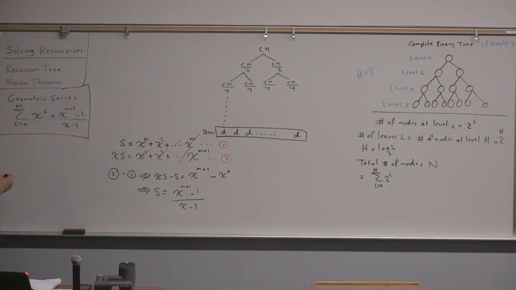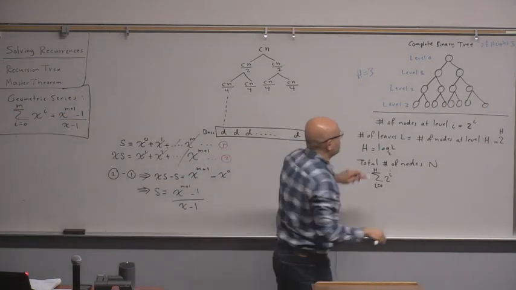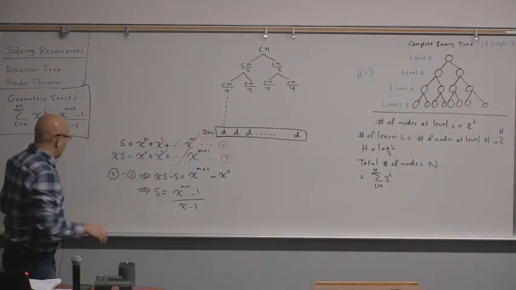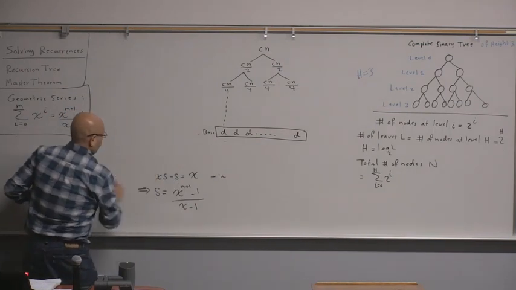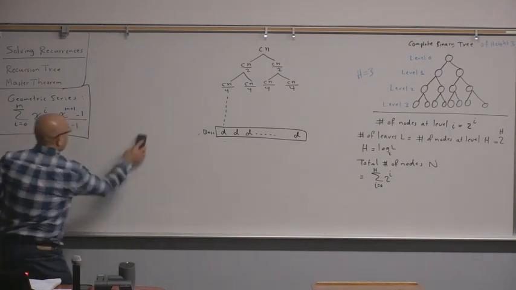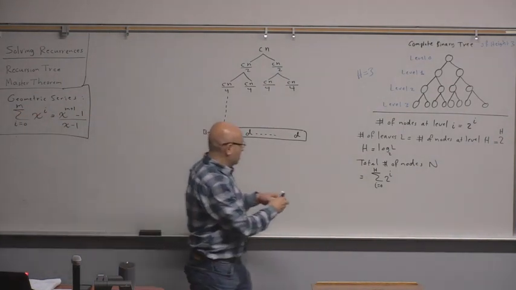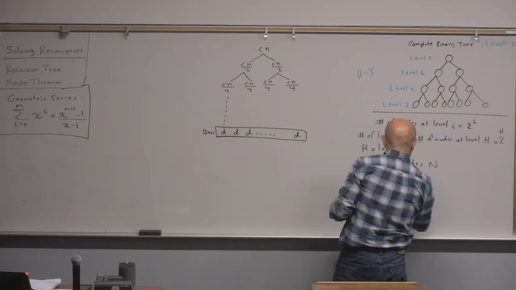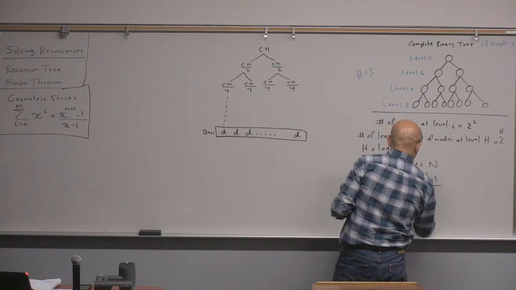In fact, we will use it again today, since the geometric series will be used a lot in these recursion tree calculations. Now applying this, what's x here? x is 2, so this is 2 power h plus 1 minus 1 divided by 2 minus 1.